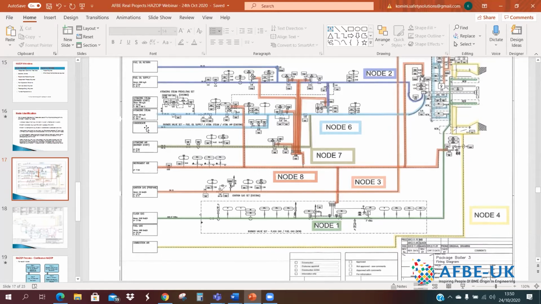You've also got the atomizing steam system and the condensate system being taken as one node. But the instrument air system, all of the instrument air system, is taken as one separate node. You've got the flash gas system, flash gas into the boiler, being taken as one node.